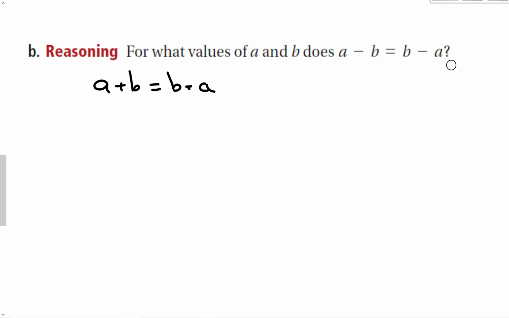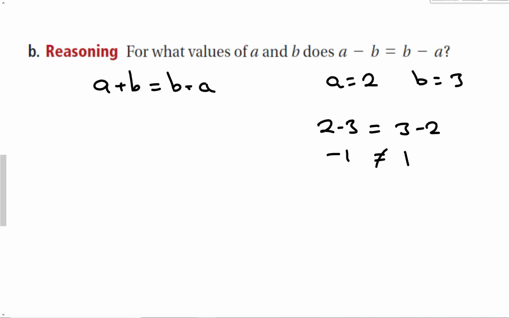But it's clearly not. If I plug in some numbers, let's say a is equal to 2 and b is equal to 3, that would say that 2 minus 3 is equal to 3 minus 2. But 2 minus 3 is negative 1, which is not equal to 1.